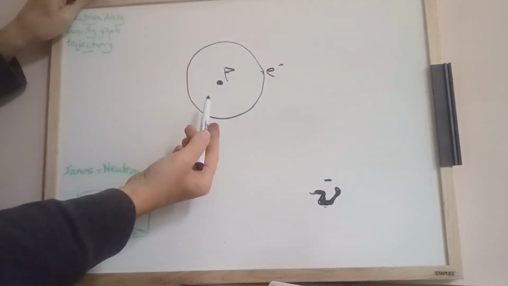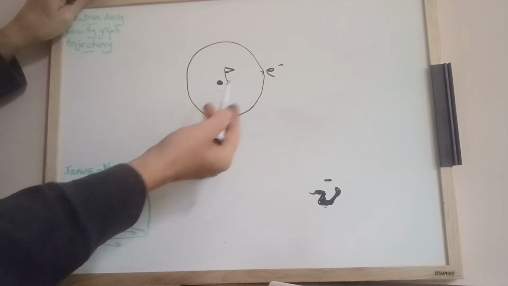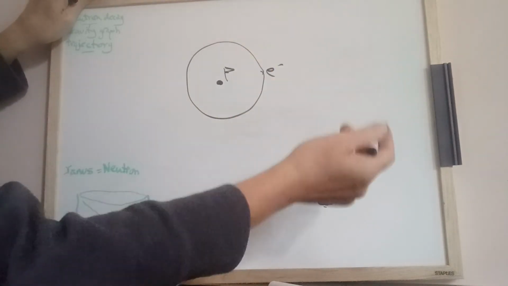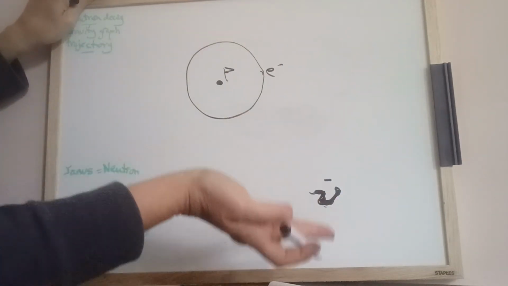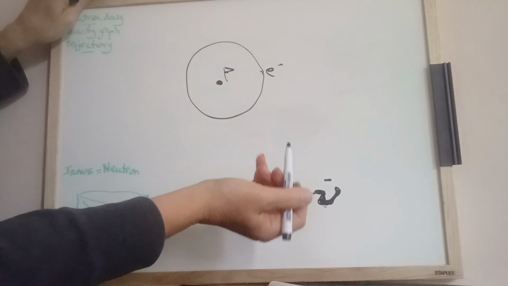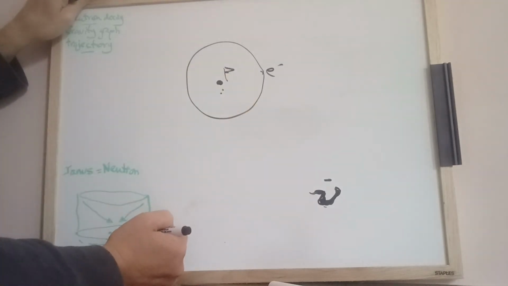And now they can emit photons. Now they can absorb photons. But in this earlier stage, there is no way of even knowing there's anything there. There's no interaction with light. There's only interaction with mass.